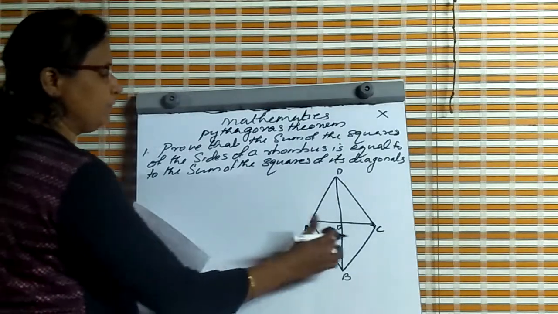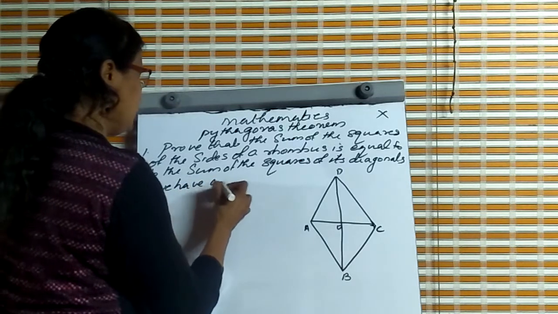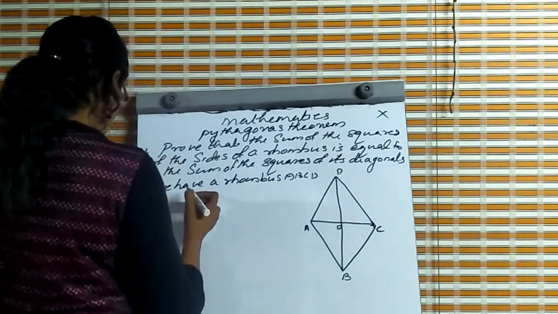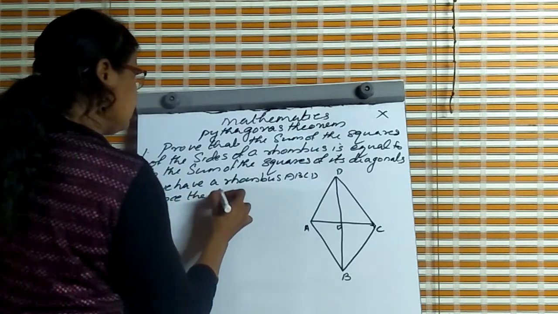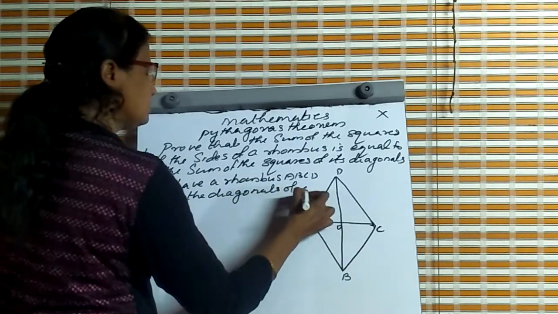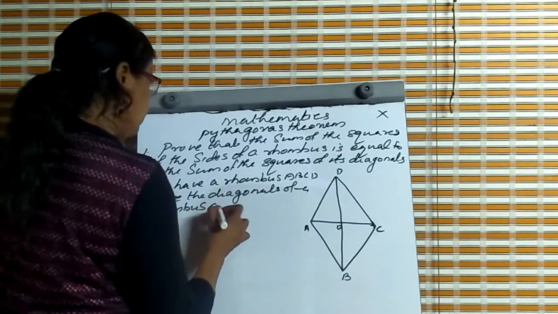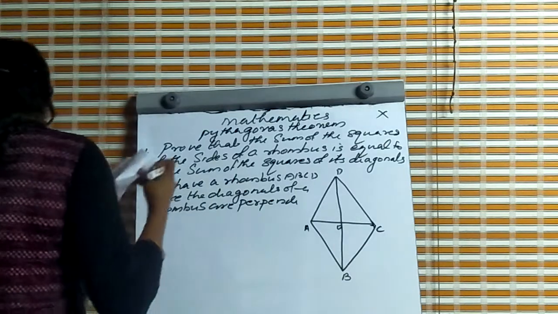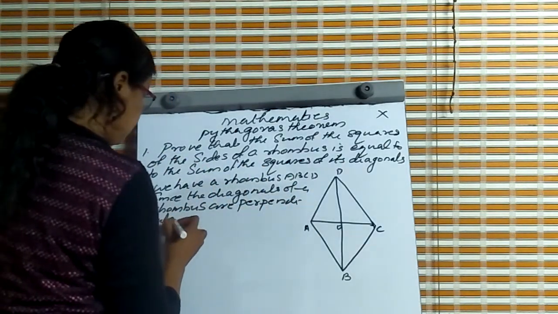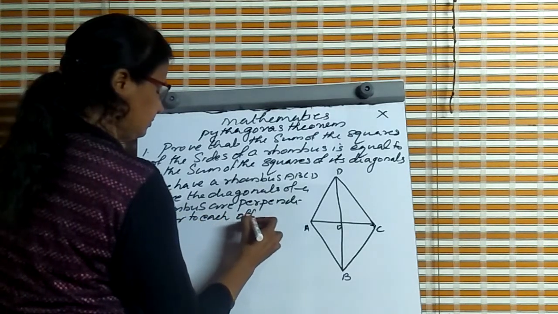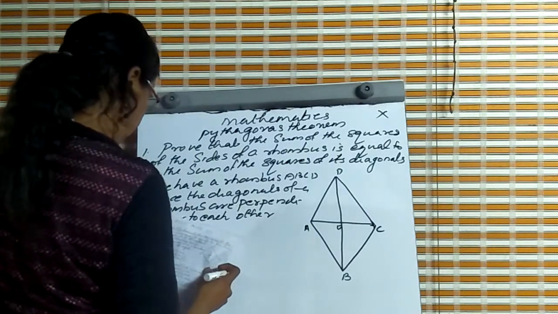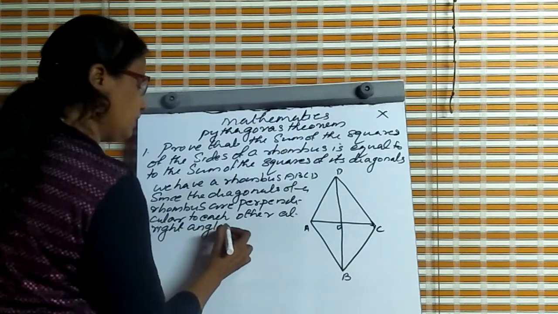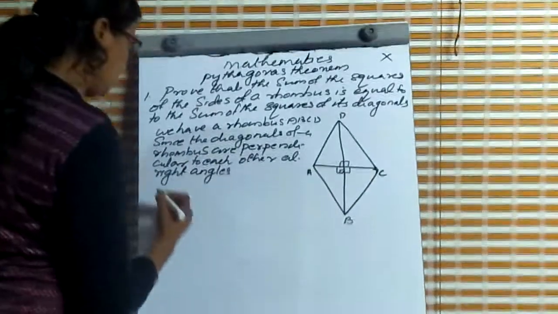Here we have a rhombus ABCD. Since the diagonals of a rhombus are perpendicular to each other, at right angles, all four of these angles are 90 degrees.